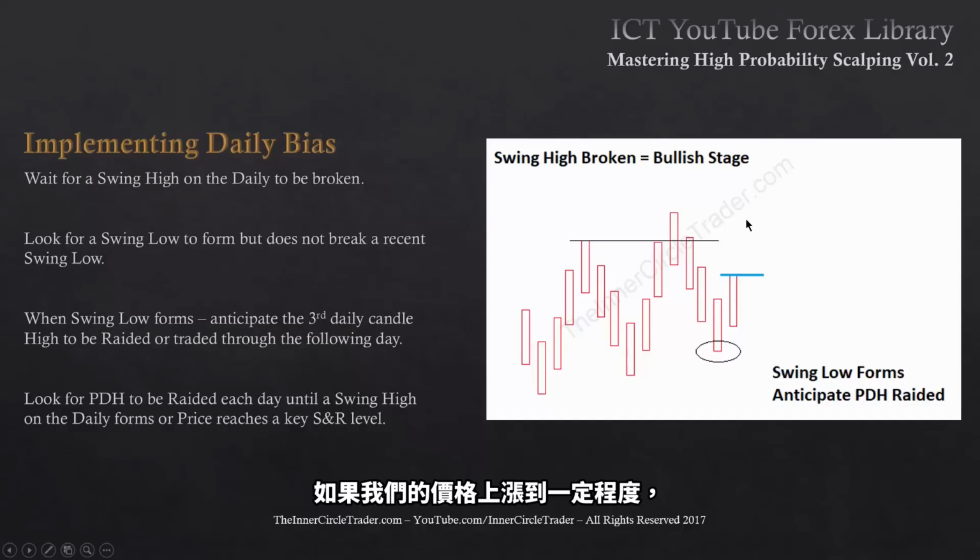Or if price rallies up to a degree, either at this level or before it, and creates a swing high, once that forms, we have to wait for that swing high to be broken on the upside. There's going to be a lot of missed opportunities, admittedly, with this, but it gives you a specific criterion to work within.